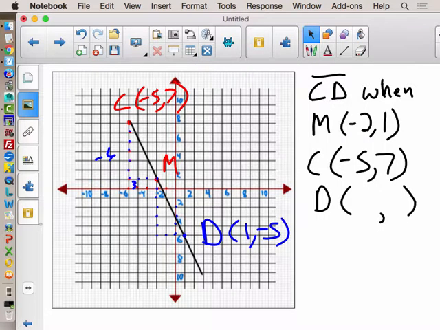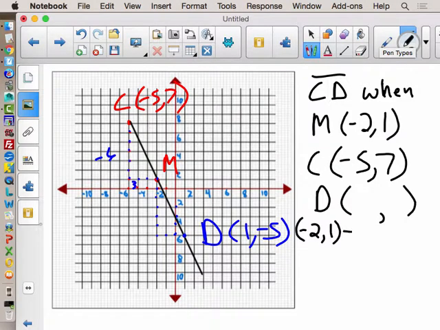But now I want to use the midpoint formula. The midpoint formula says that M, which is -2, 1, should equal x sub 1 plus x sub 2 all over 2, comma, y sub 1 plus y sub 2 all over 2.